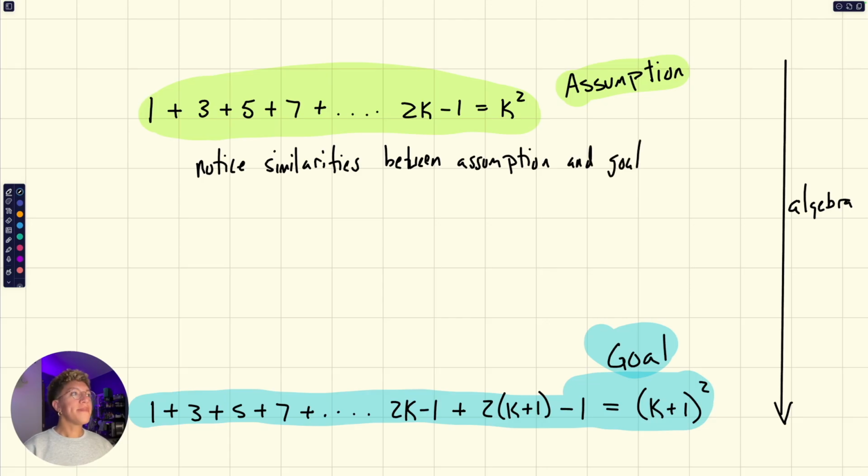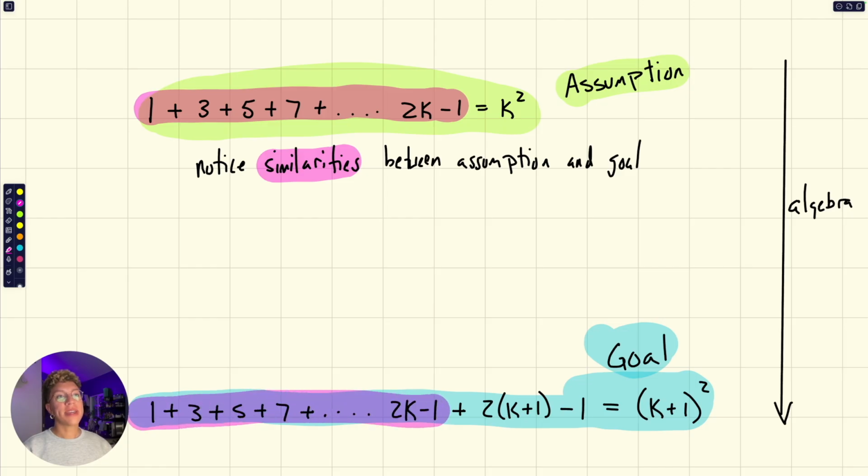If we look closely, one similarity, like we mentioned above, is that a big part of this, actually this whole left-hand side, is exactly the same up to here. In fact, in our consecutive step, all we did is add one term to both sides.